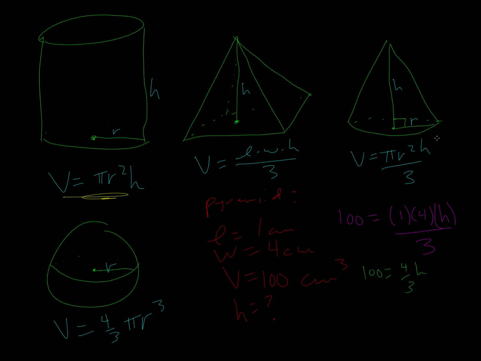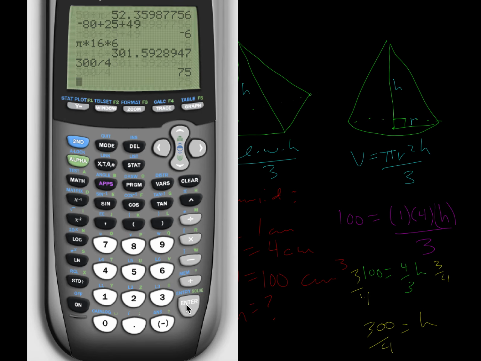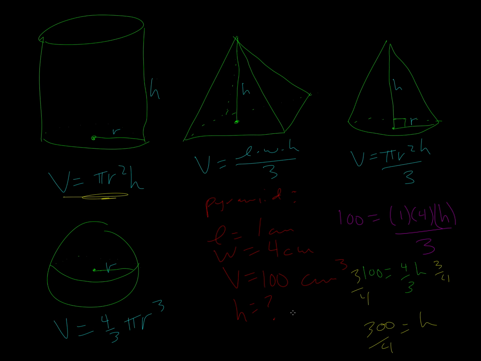Algebraically, we multiply by 3/4, so we get 300 over 4 equals h. In our calculator, 300 divided by 4 is 75. So h is equal to 75 on the pyramid.